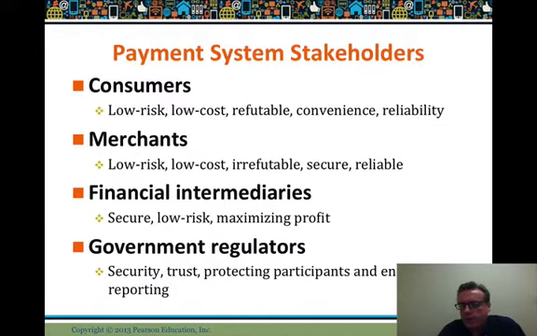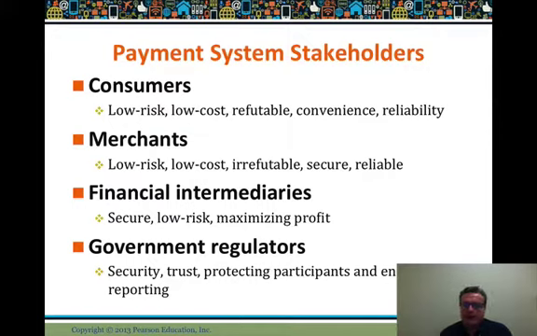So a lot of stakeholders we saw through the transaction flows shown earlier: consumers, merchants, financial intermediaries, as well as government regulators. So what are their motivations and what are their concerns? Everyone wants low risk. Everyone wants low cost.